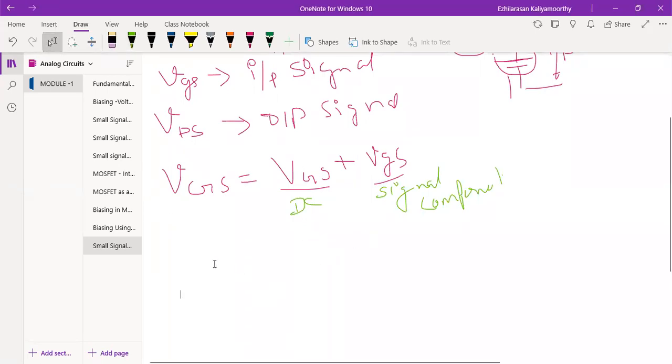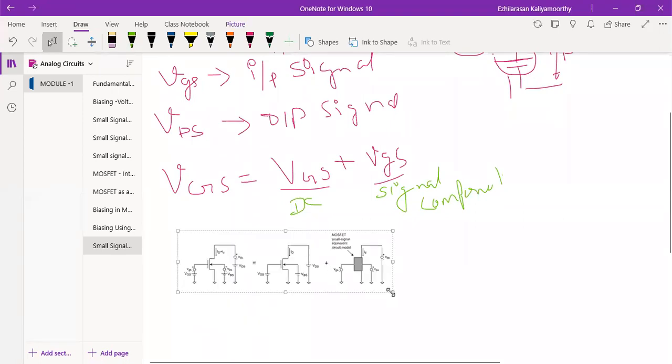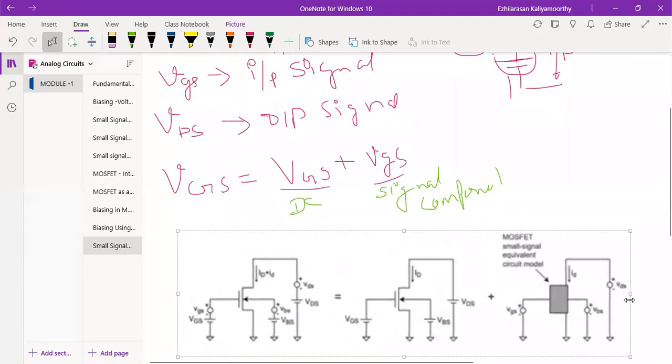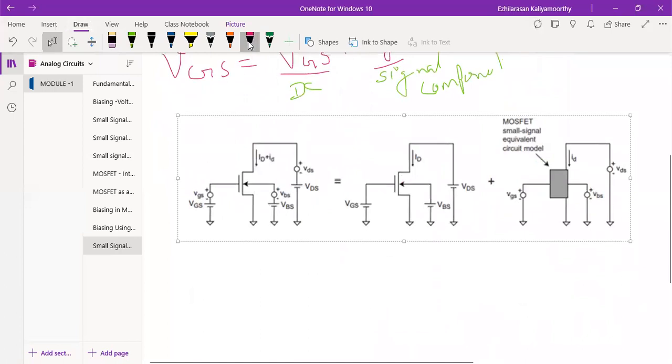See, when you see this figure, you'll get a clear idea. The small signal. Here you can see the MOSFET small signal, where we will do the analysis.